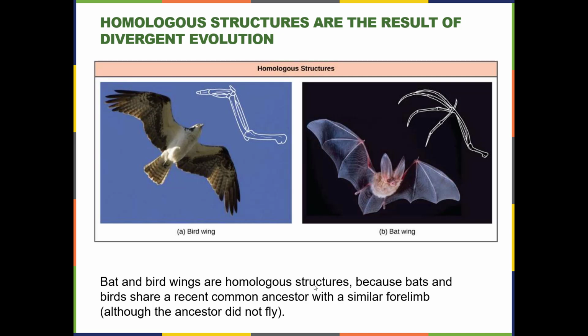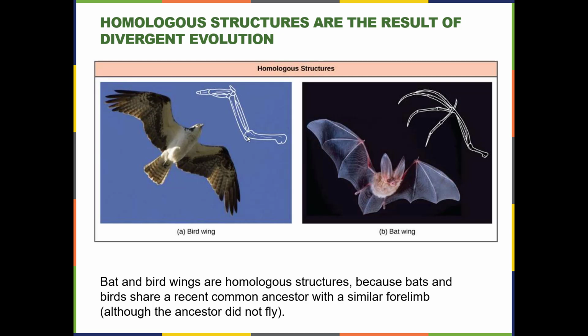So I don't love this example. Bat and bird wings are homologous structures. The only part of the bat and the bird wing that is homologous is the bone structure inside the arm. So if you consider the bird wing is the front arm, or the arm of the animal, not the legs, and the bat wing is the arms of the animal, then when you look at the bone structure of the arms, you see similarities.